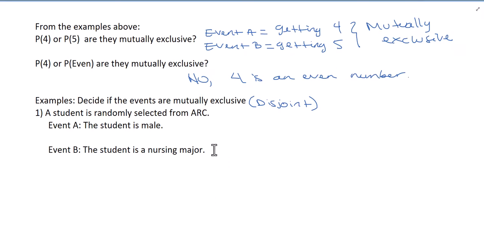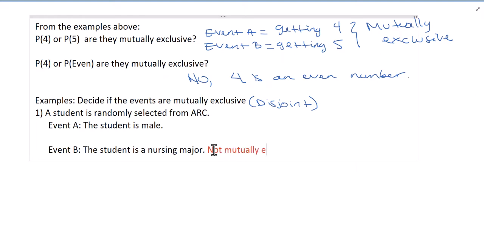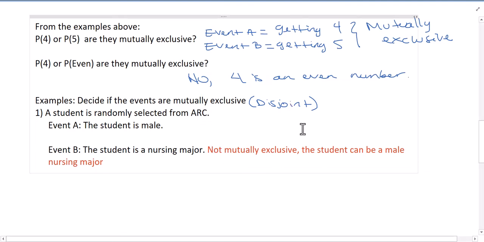So when you select a random American River College student, mutually exclusive? No, right? So you can say not mutually exclusive. The student can be male. Can be a male nursing major. So not mutually exclusive. Those can occur at the same time.